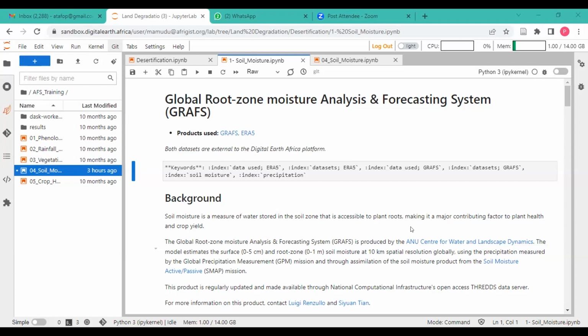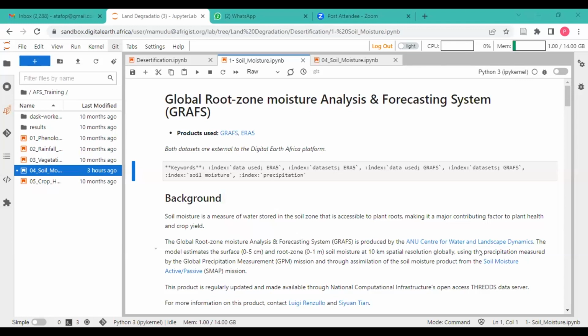Now, the data set we're analyzing is based on the Global Root Zone Moisture Analysis and Forecasting System, which is produced by the ANU Center for Water and Landscape Dynamics. It's based on a surface moisture analysis data set of 0 to 5 centimeters ground level and root zone of 0 to 1 meter level for soil moisture, and it's taken at a 10-kilometer spatial resolution globally.